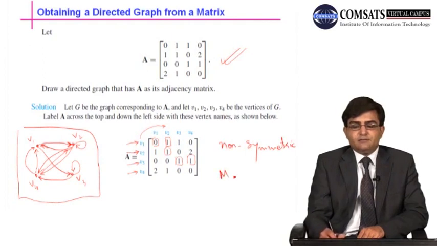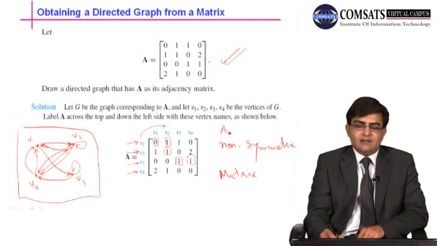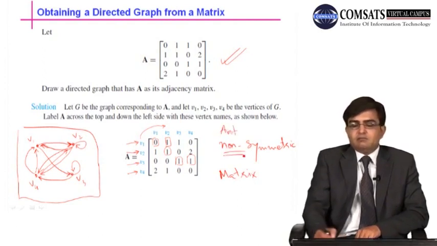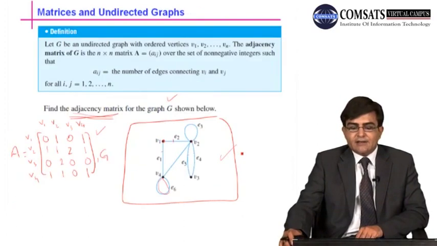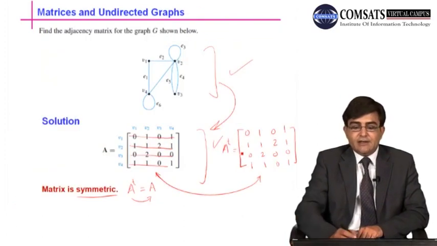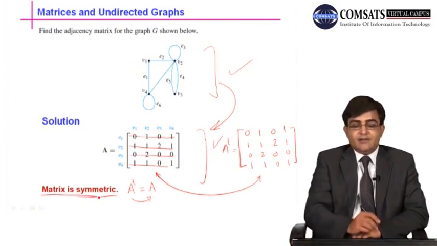You can say non-symmetric matrix, whereas this matrix, which is the adjacency matrix of an undirected graph, is basically a symmetric matrix.